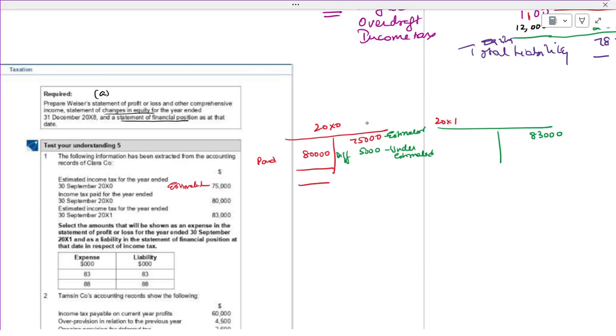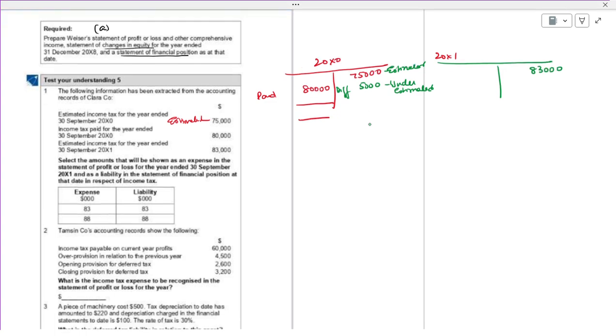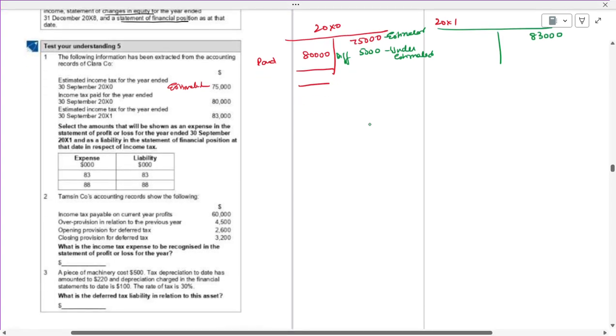What is the question? Select the amount that will be shown as an expense in the profit and loss account for the year ended 31st December 2001 and as a liability in the statement of financial position.